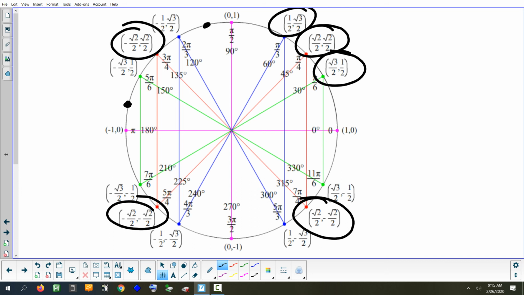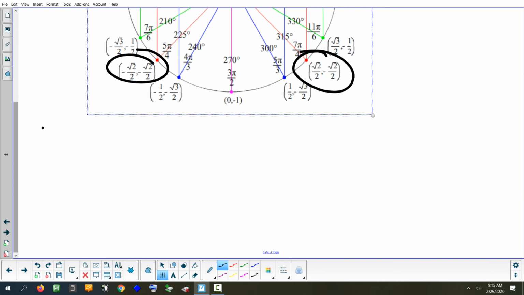What else? Don't forget about the easy ones we did on Monday. 1, 0, 0, negative 1. Some people start getting in the habit of the 30, 60 and the 45, 45, and then they forget the 0 and 1 stuff. Those are the easiest ones, because you don't have any square roots. If you have a number divided by 0, what's that?